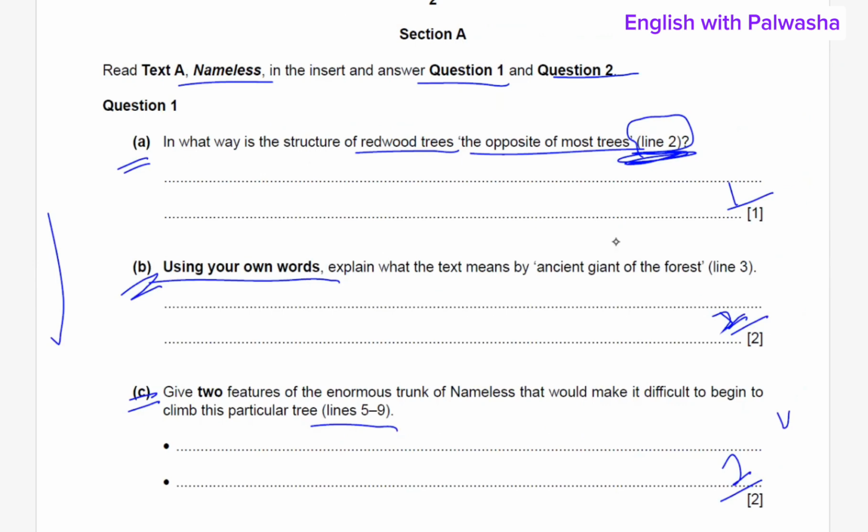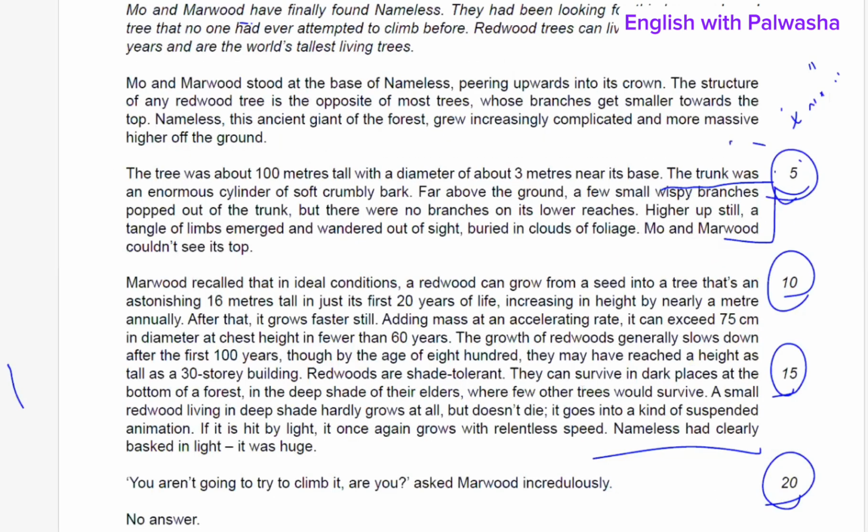In line two, you can easily find that the redwood tree is the opposite of most trees, whose branches get smaller towards the top.